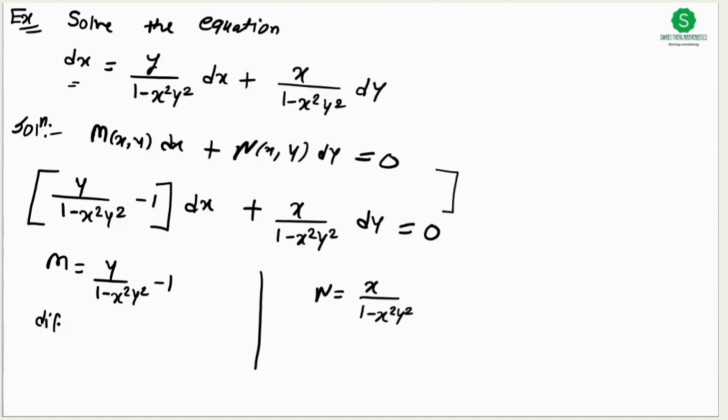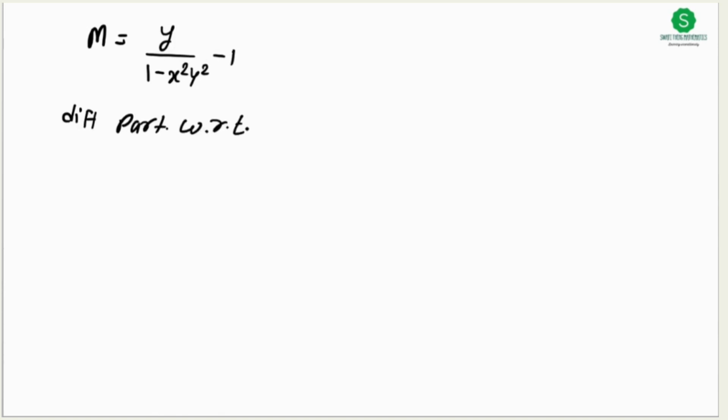Now differentiate this equation partially. Here m we have to differentiate partially with respect to y. I will write this step on the next page. Here our m is y upon 1 minus x square y square minus 1. If we differentiate this m partially with respect to y, the y is contained in the numerator as well as in the denominator term.